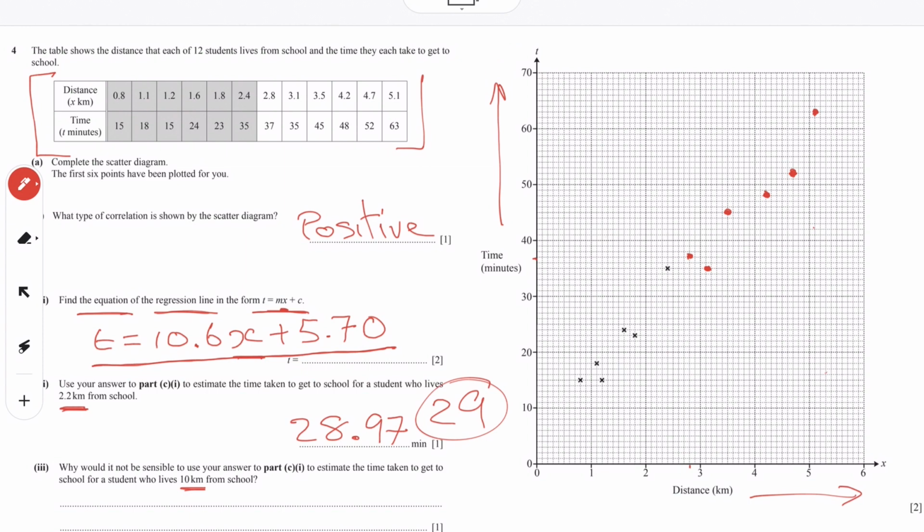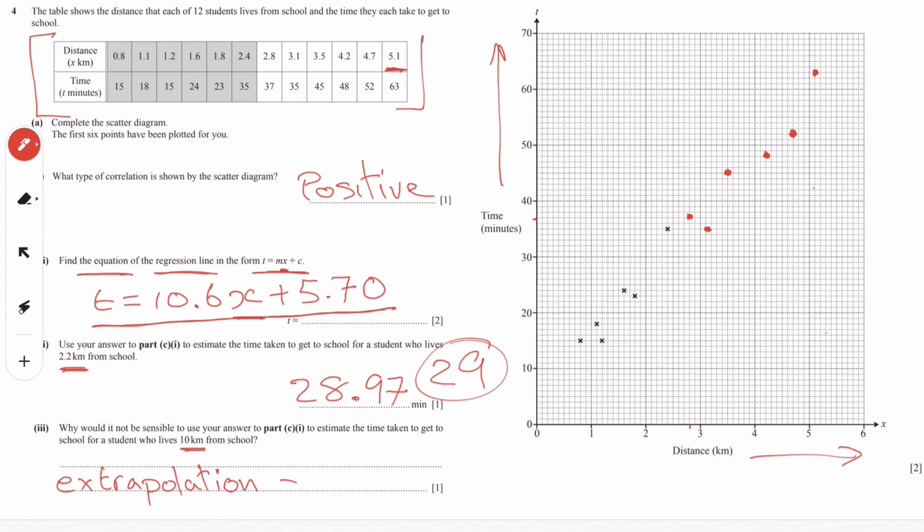Well, if we look back at this, our range only goes up to 5.1. So it's a term called extrapolation, which basically means we don't know how the trend is going or progressing.